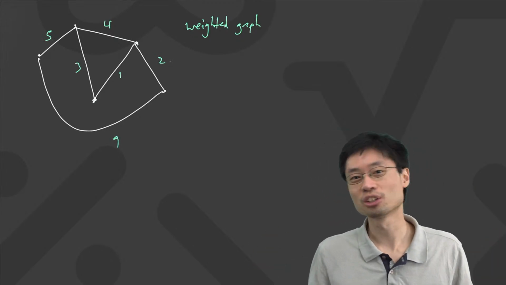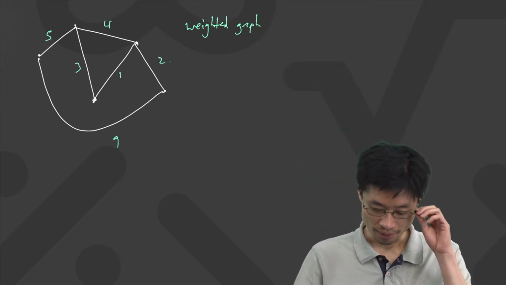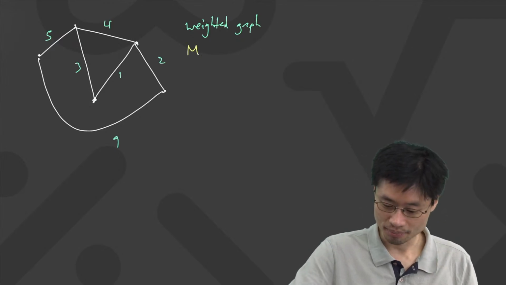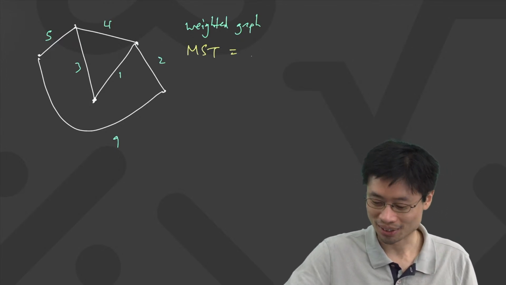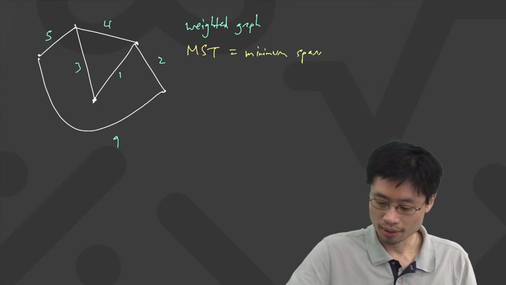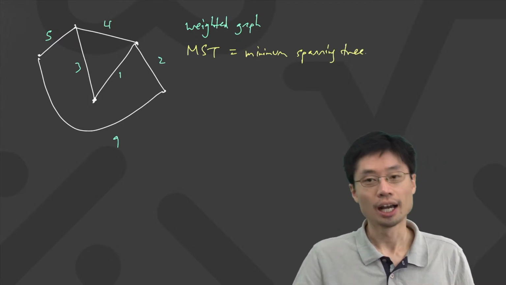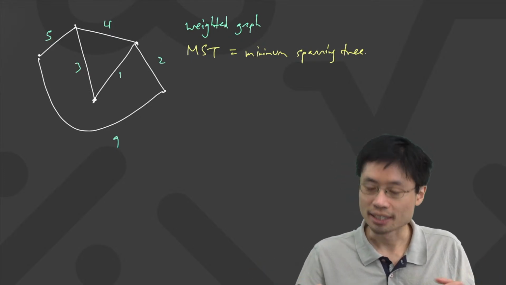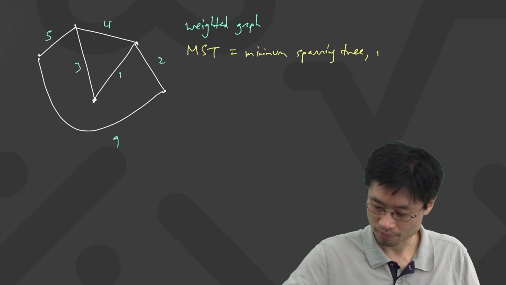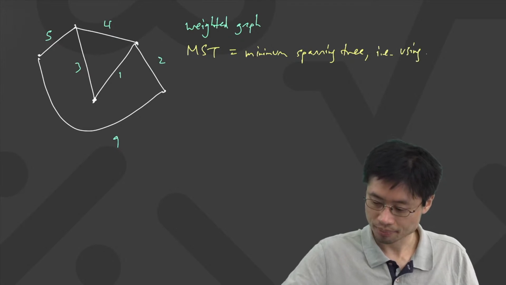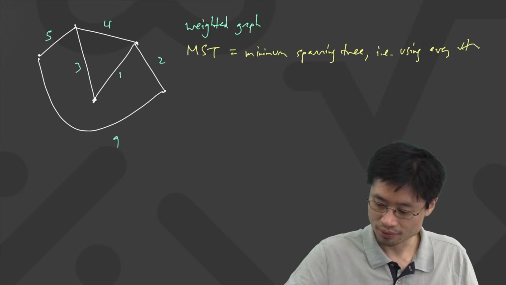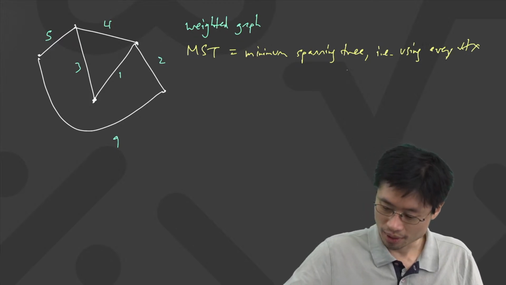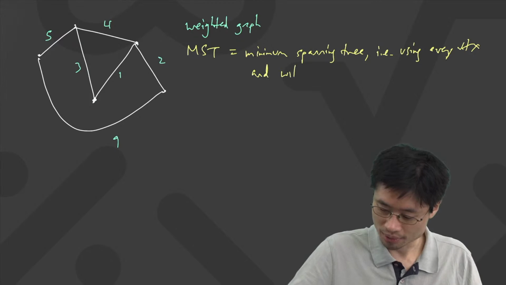Then if you're looking for a minimum spanning tree, which we always write as MST, M is going to stand for minimum, even though it could also be maximum, minimum spanning tree, and that is a tree which goes through every vertex exactly once, obviously, and it has the minimum total weight. Using every vertex and with minimum total weight.